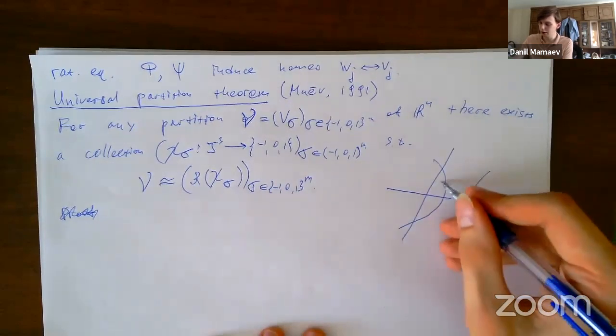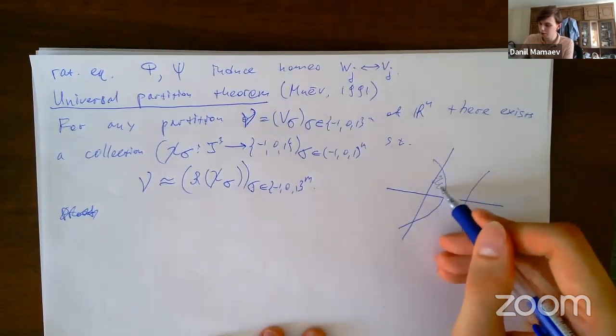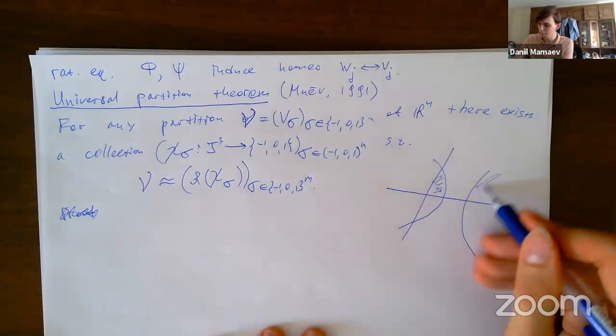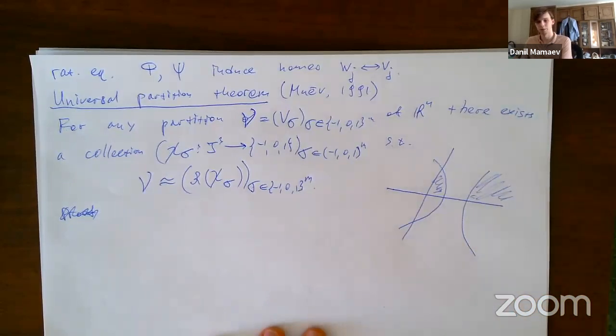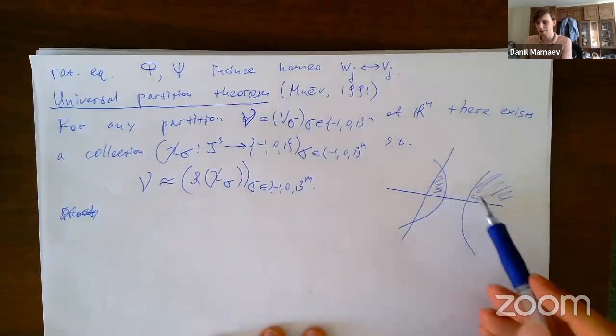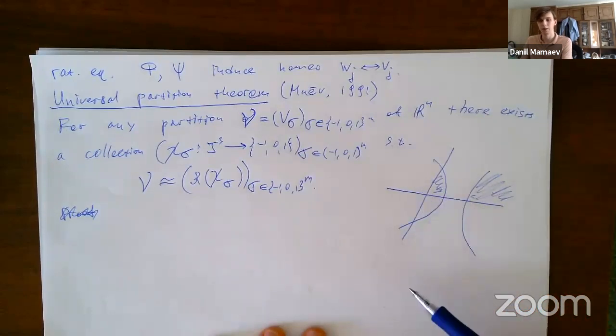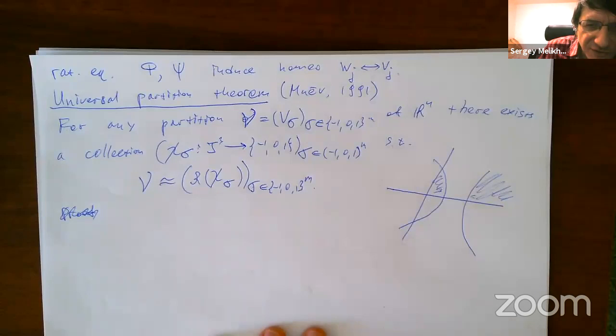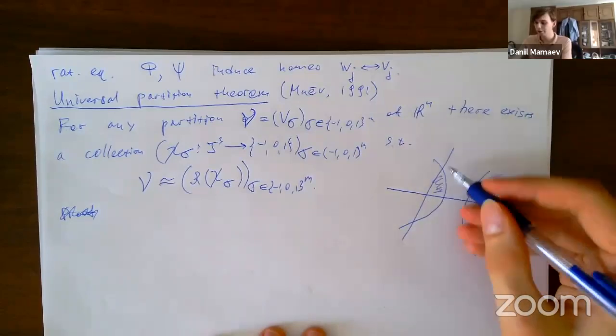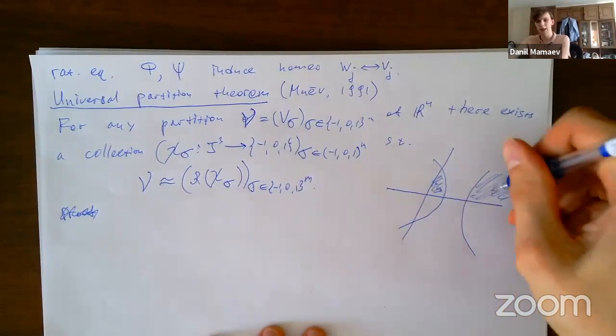Then I think this thing and this thing, this is one part, because the signs of each of the three polynomials are the same here. So these two regions are V1 and V2? No, these two regions, this is the same part.